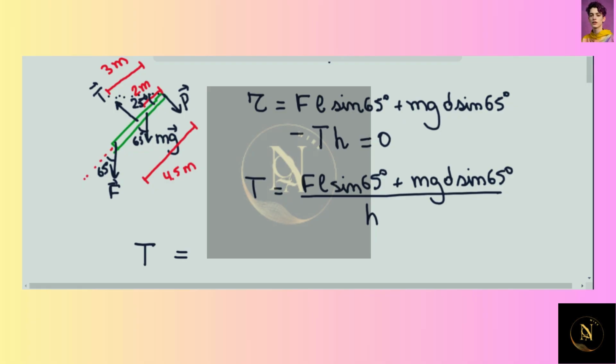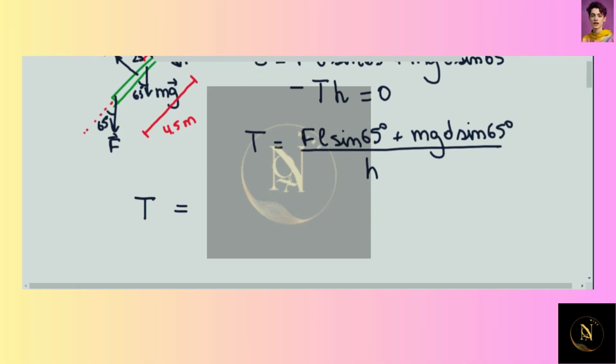Now, F is equal to 5 kilonewtons. L is 4.5 meters.